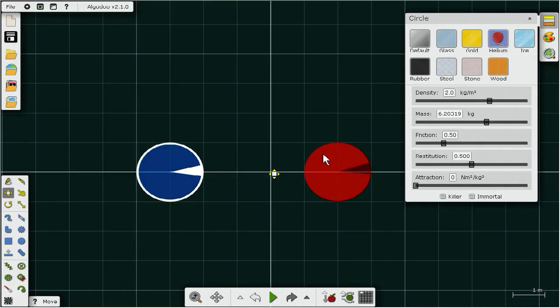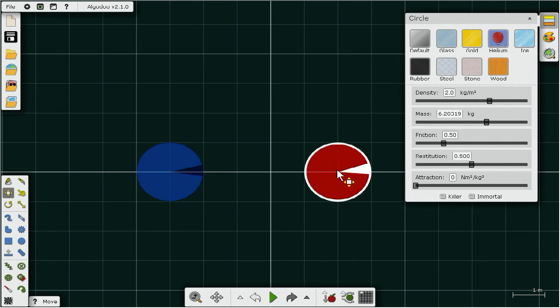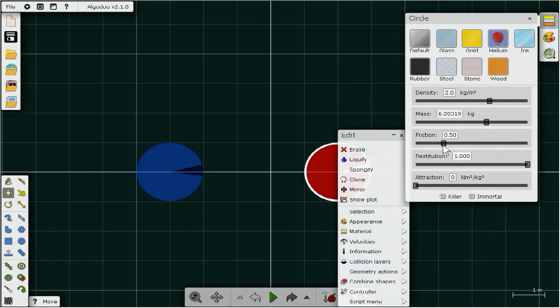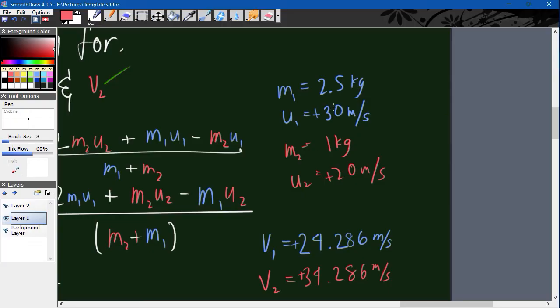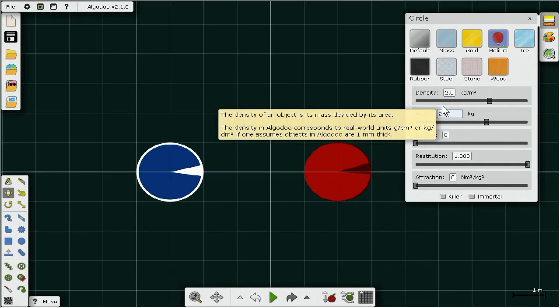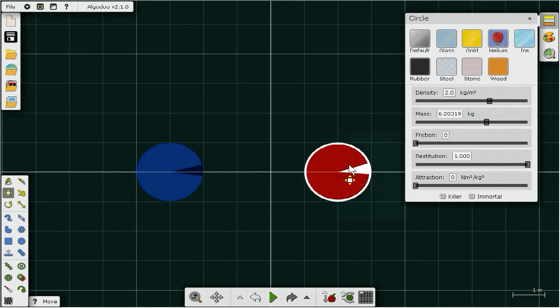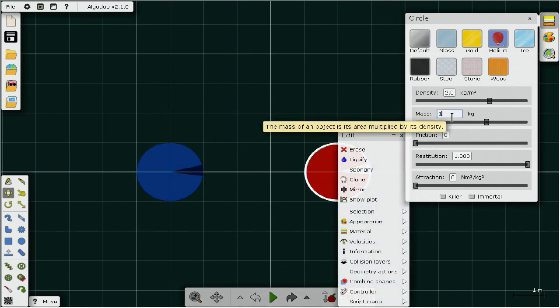What's our mass again? I assume it's frictionless with no loss of energy. So the mass of this one should be 2.5. The mass of this one should be 1 kilogram.